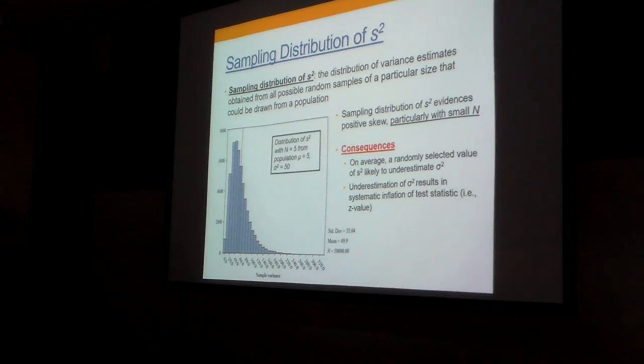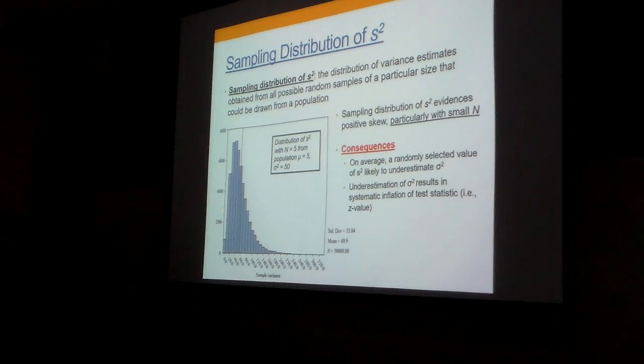I'm more likely to claim that I have found evidence of statistical significance than I would if I had an appropriate estimator of my standard error. So I'm going to reject the null too often. I'm going to make too many type 1 errors if I'm just using my Z procedure and my Z table and charging forward, substituting my sample variance as an estimator of my population variance. Okay? You kind of sort of following me on this?